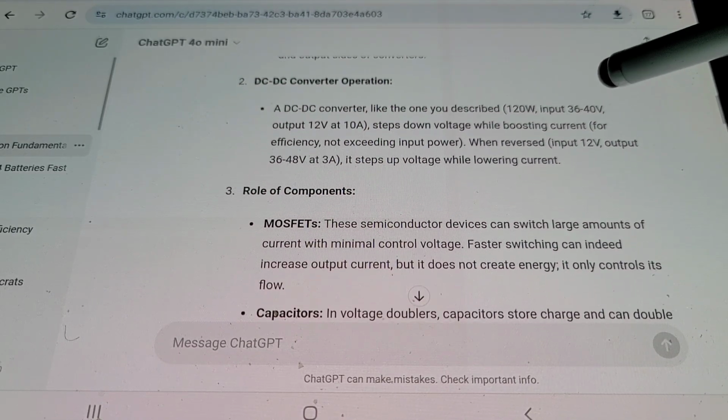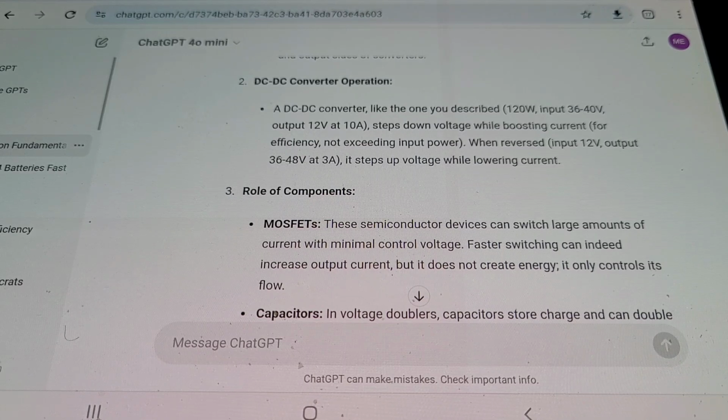DC-DC converter operation. A DC-DC converter, like the one you described, 120 watts, input 36 to 40 volts, output 12 volts at 10 amps, steps down voltage while boosting current for efficiency, not exceeding input power. When reversed, input 12 volts, output 36 to 48 volts at 3 amps, it steps up voltage while lowering current.